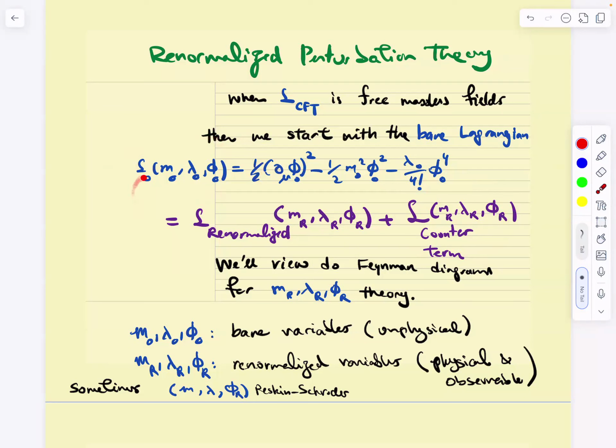So we're going to split this action, this Lagrangian density, into 2 terms, right? m_R, lambda_R, and phi_R are going to be renormalized variables. These are physical observables, and phi naught, lambda naught, and m naught are going to be unphysical. There are divergences here. The idea is that counterterms are going to capture the divergences that we encounter in perturbation theory in an organized and systematic way. Questions?